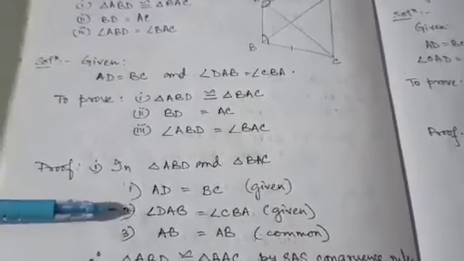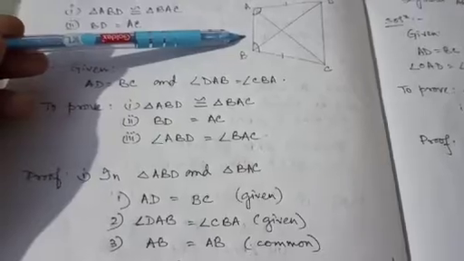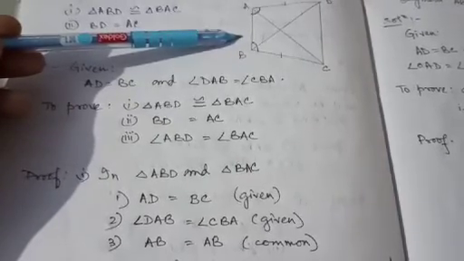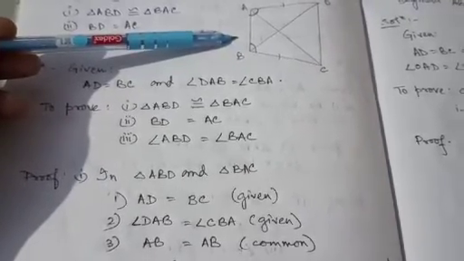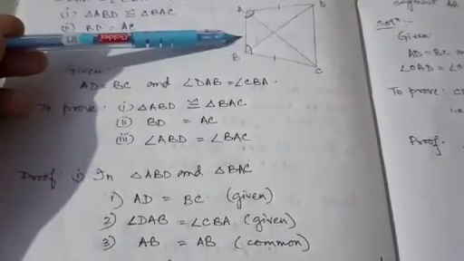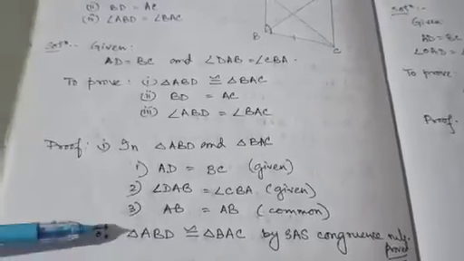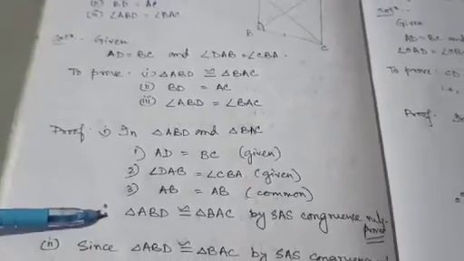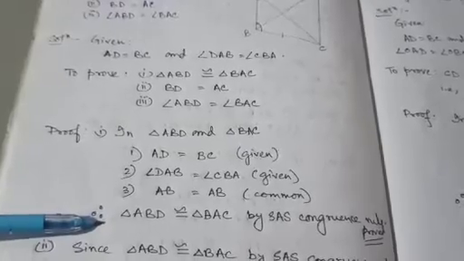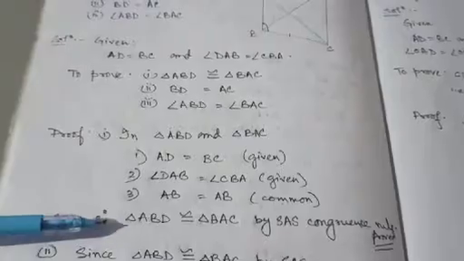Now the triangles that we have considered have AB as common side. If you locate triangle ABD and triangle BAC, you can see AB is the common side. So I have written AB is equal to AB, common side. So the triangle ABD is congruent to triangle BAC by side angle side congruency rule.